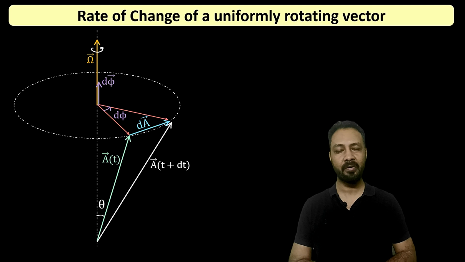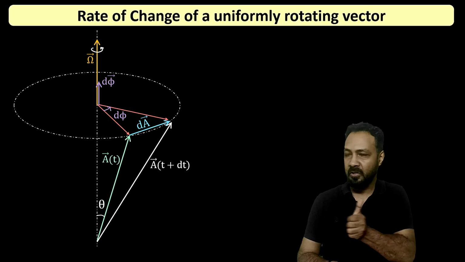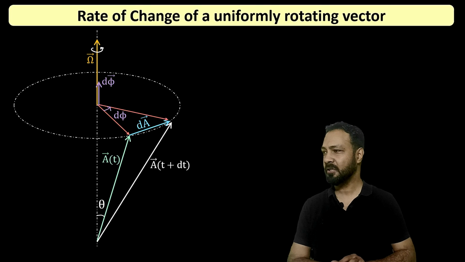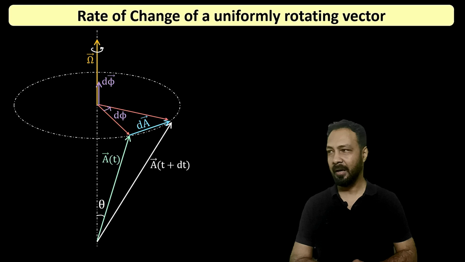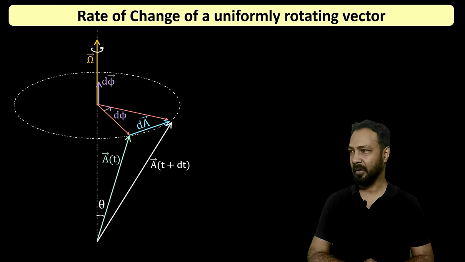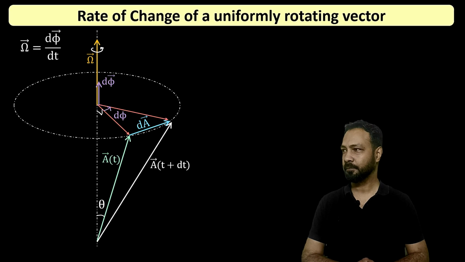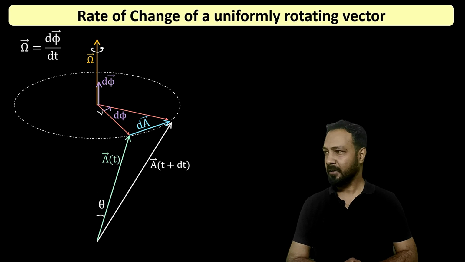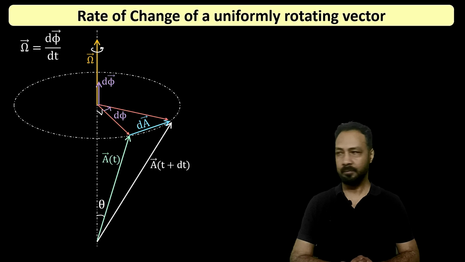So d phi is a vector whose direction is perpendicular to the plane of rotation. So this d phi is the purple color vector you can see here. So the angular velocity of the rotation of the A vector, omega vector, is d phi by dt.